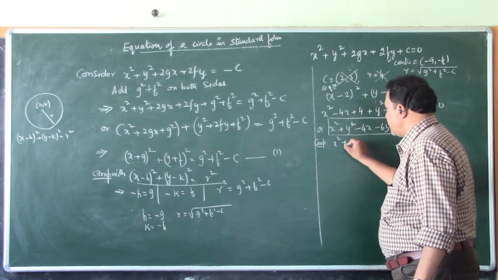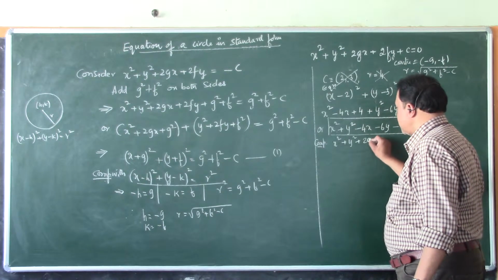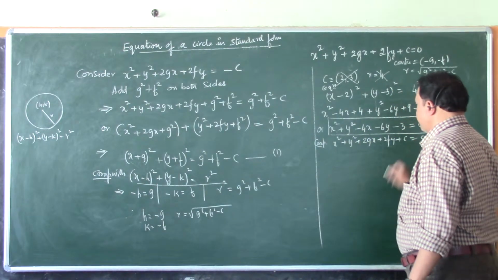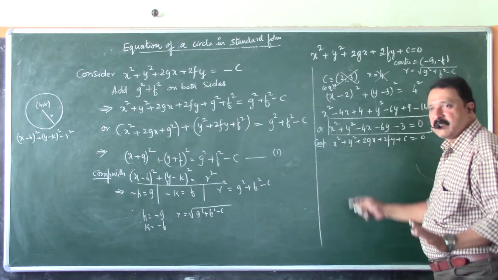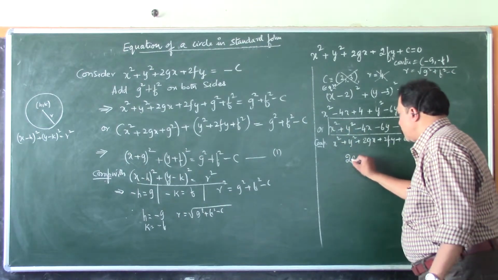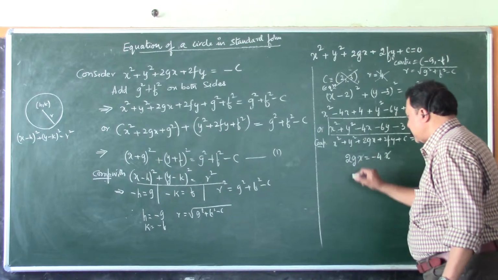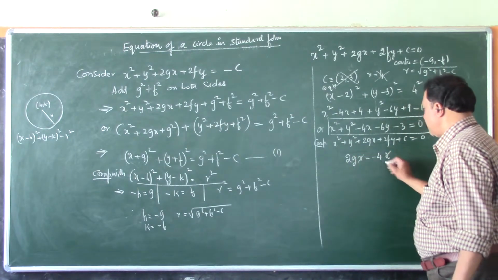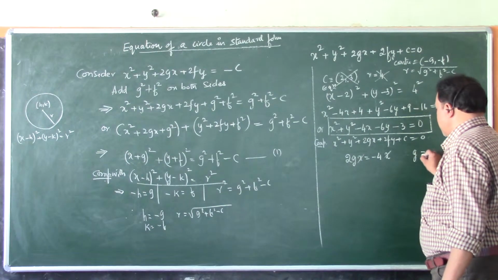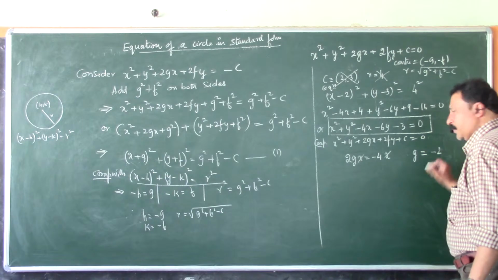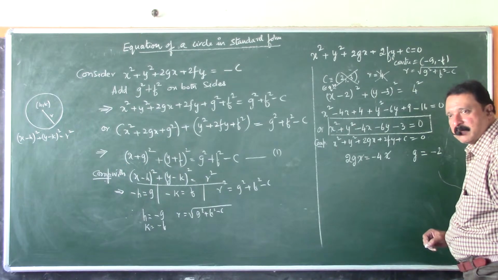That is x square plus y square plus 2gx plus 2fy plus c equals 0. x square, y square, nothing to compare. So now I have to compare 2gx equals minus 4x, x and x cancel, 2g equals minus 4, therefore g equals minus 2.